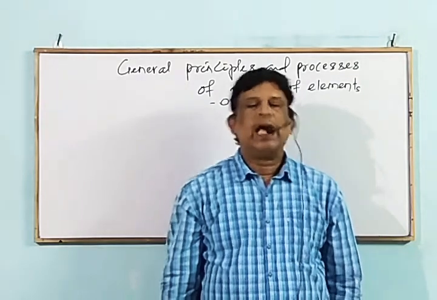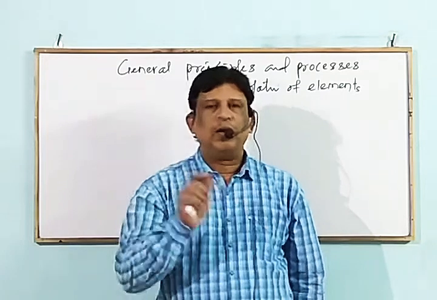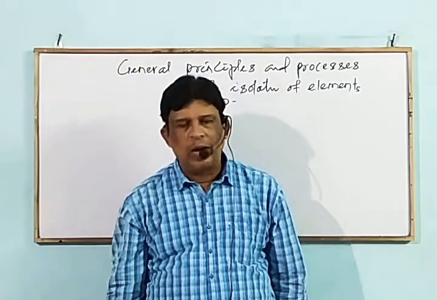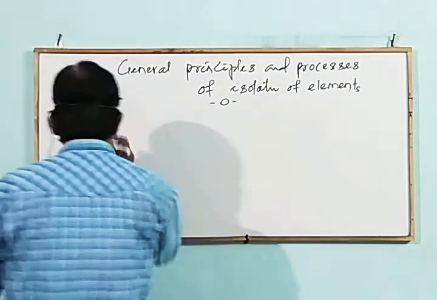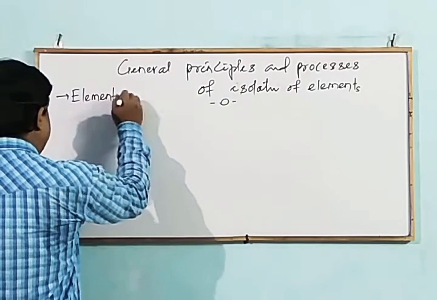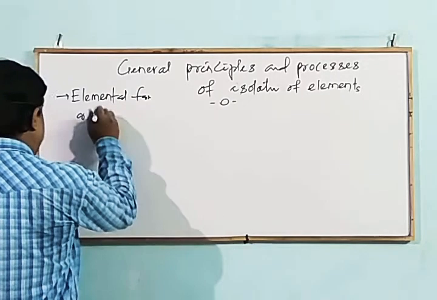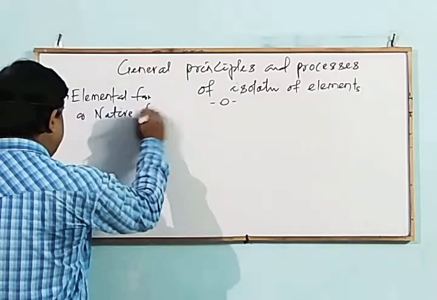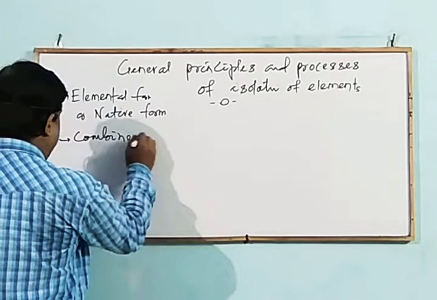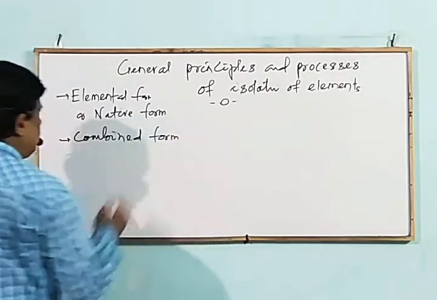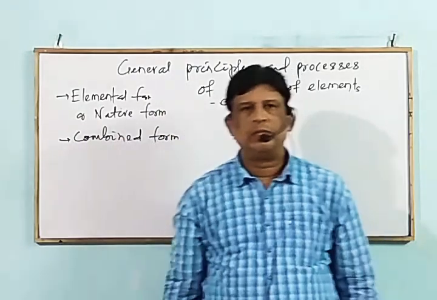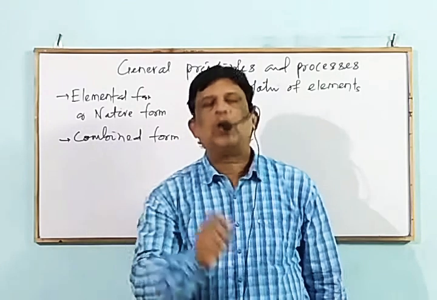One is elemental form, or not combined form, or native form, and the second one is combined form. Mark that. Let us discuss one by one. What is a native form? Elemental form, not combined form.